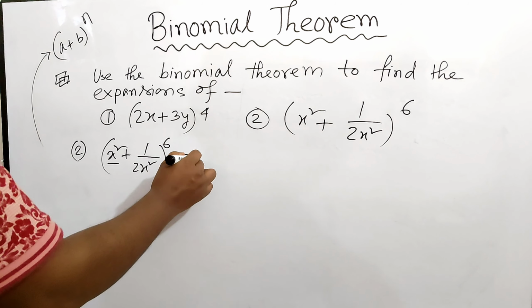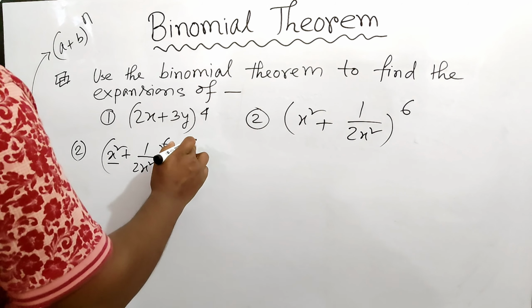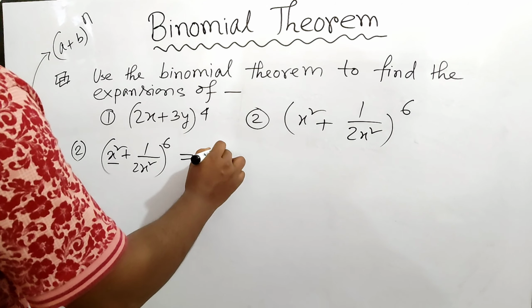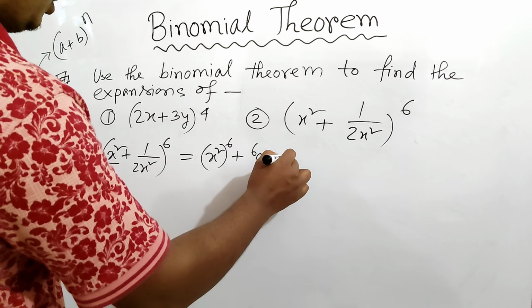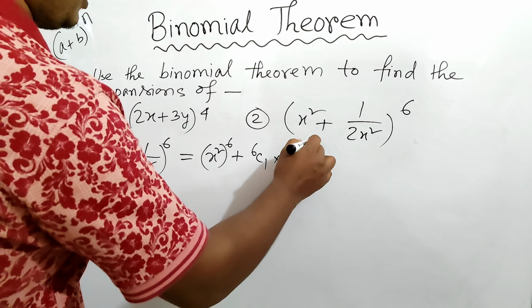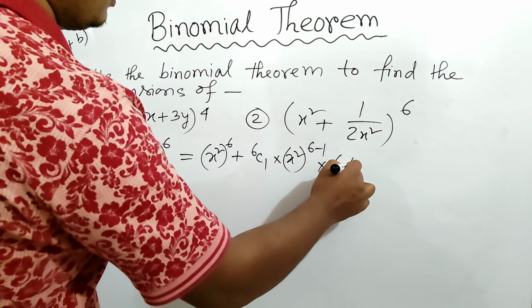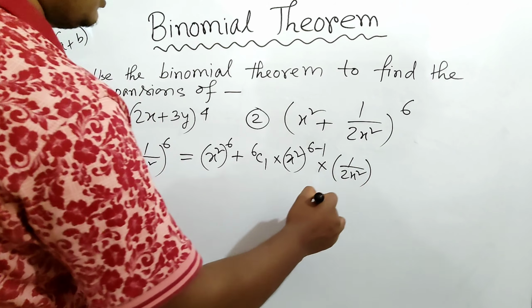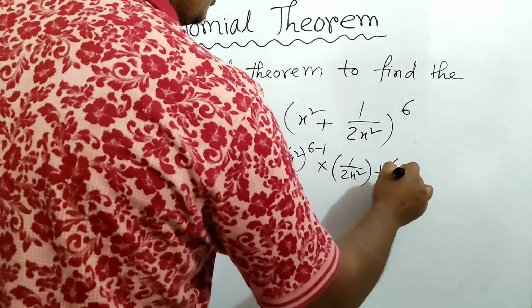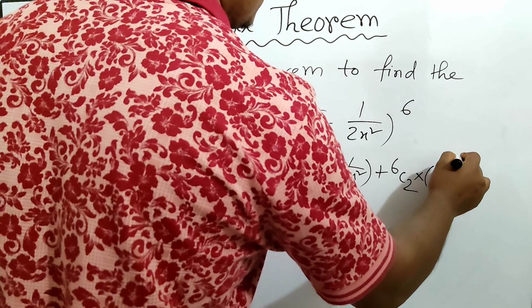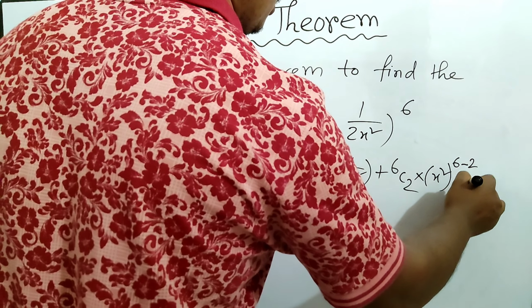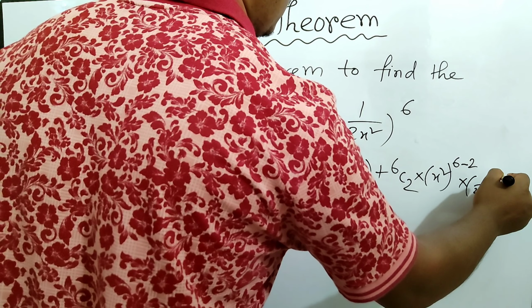Okay, so now if we expand this, then we can see that it is x square power 6 plus 6C1 multiplied by x square power 6 minus 1 multiplied by 1 over 2x square, plus 6C2 multiplied by x square to the power 6 minus 2 multiplied by 1 over 2x square power 2.